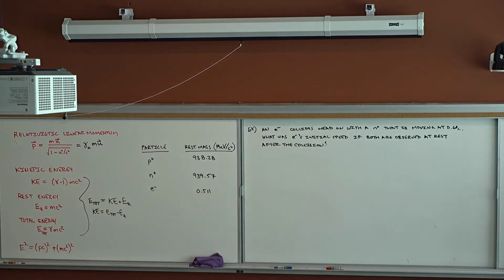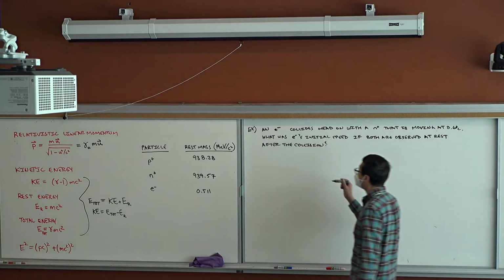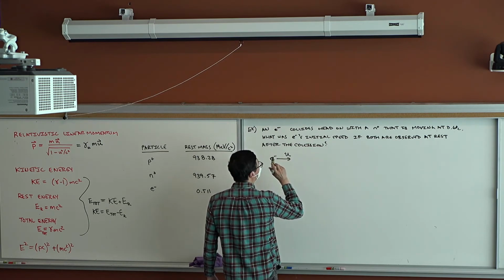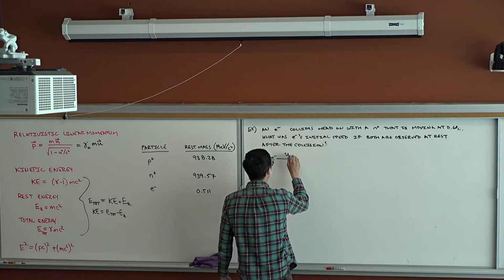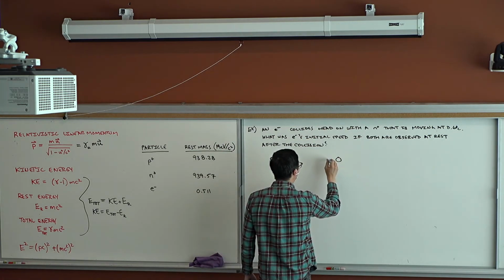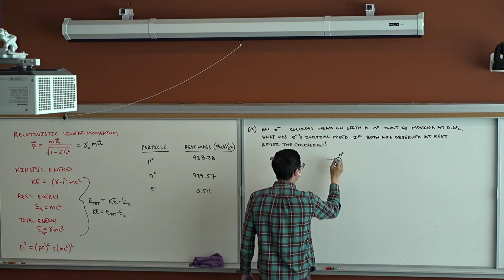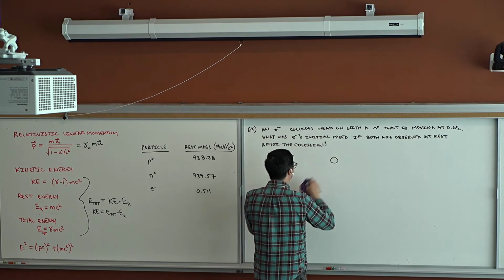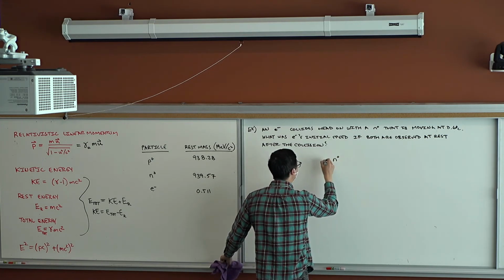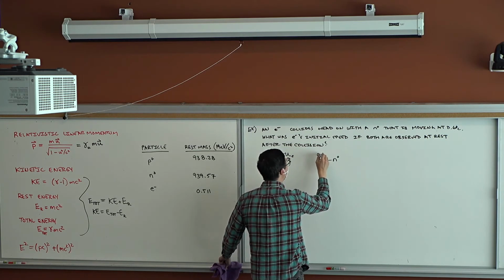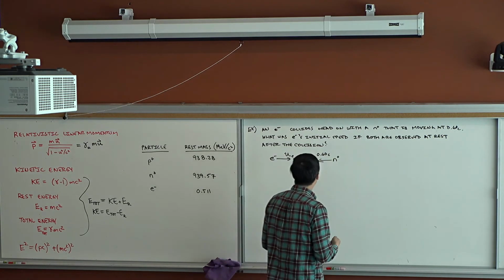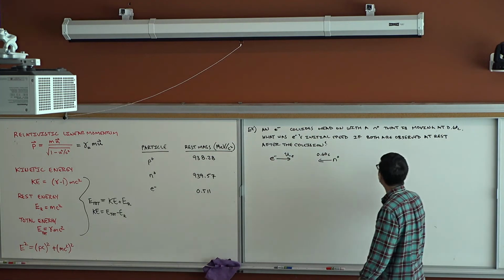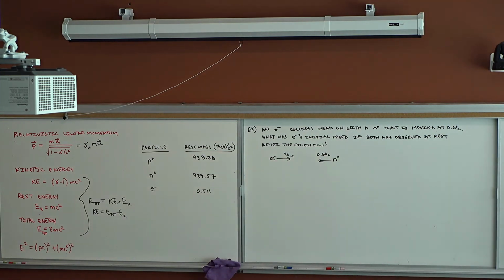So what we have in this version of the problem is an electron traveling at some unknown speed, let's call it u sub e, that collides head-on with a neutron traveling at 0.60 C. After they collide, we see that the two particles are at rest.